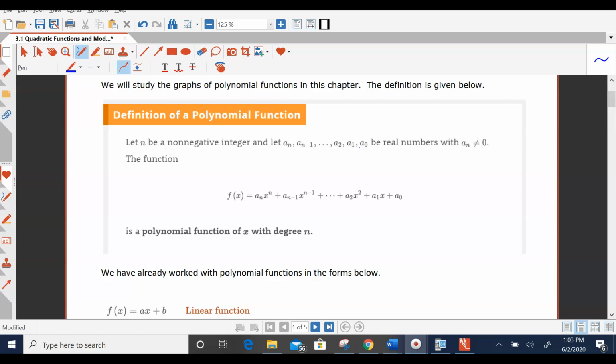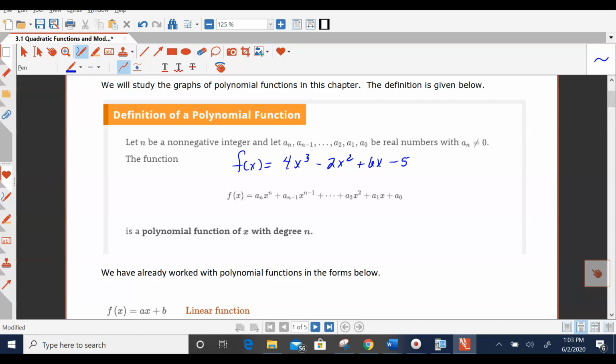And actually, let me just give you a quick example of one so you can relate this definition to an actual example. Suppose I had f of x equal 4x cubed minus 2x squared plus 6x minus 5. That is a polynomial function.